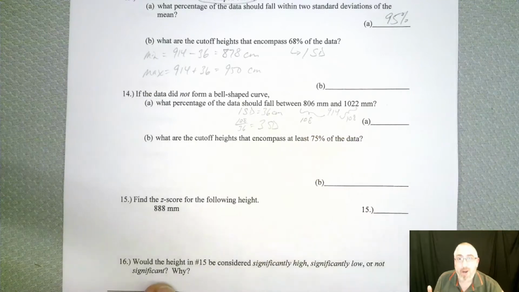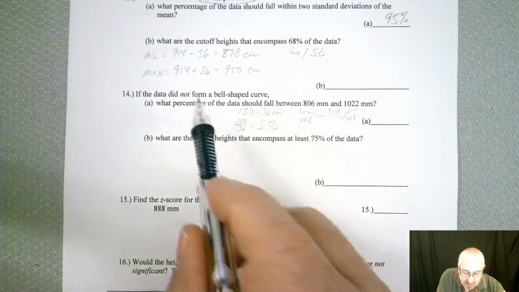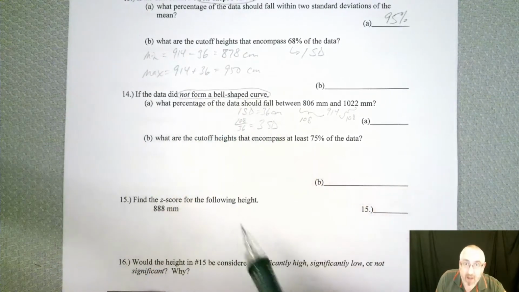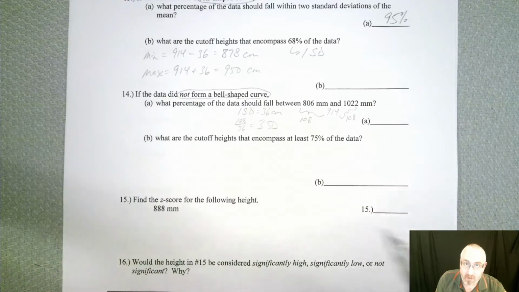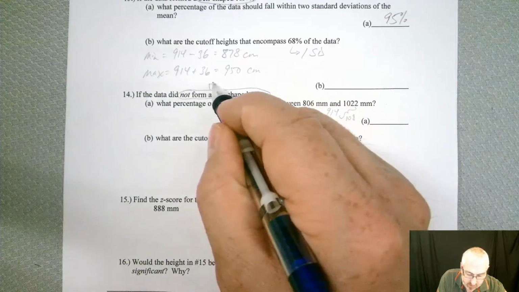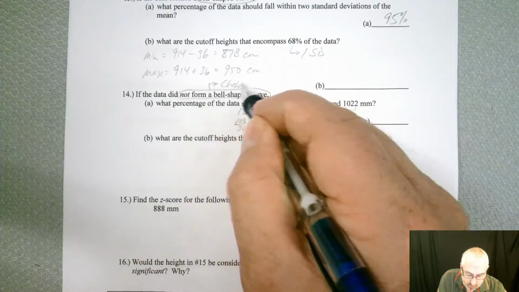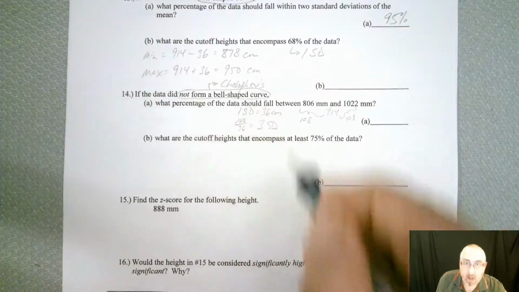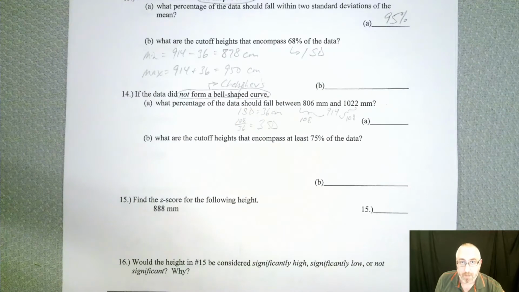So now we know that we're 3 standard deviations away. But because this does not form a bell-shaped curve, we have to use the other rule, which is Chebyshev's. Oops, forgot the Y.